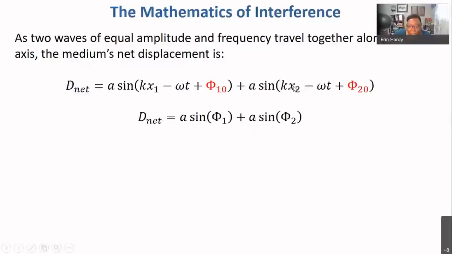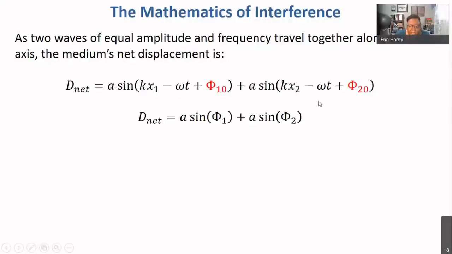And then over here, we have our k x2 with exactly the same omega, but there are phase constants that are different. Since we're not just talking about a single displacement function, but 2, instead of just a phi naught, we have phi 1,0 for the first wave, phi 2,0 for the second wave.